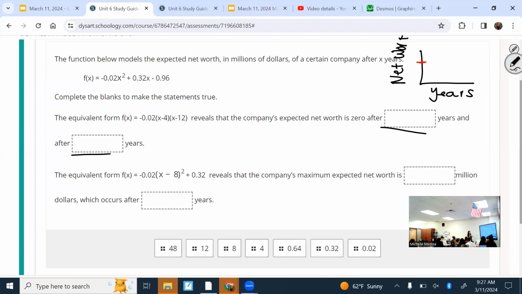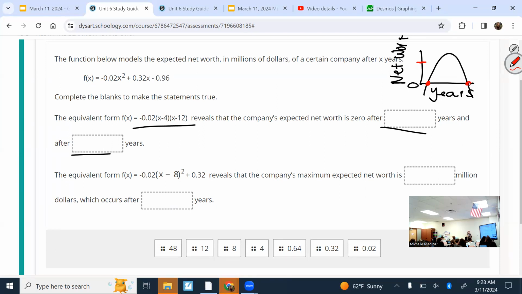Okay, so right here, right? Your x-axis is where the net worth is all zero. So when and if you graph it, you don't really need to, if you know how to tell from your factor form. But you would then know that to see where the net worth is zero, I need to be looking at where it touches on the x-axis, my zeros.